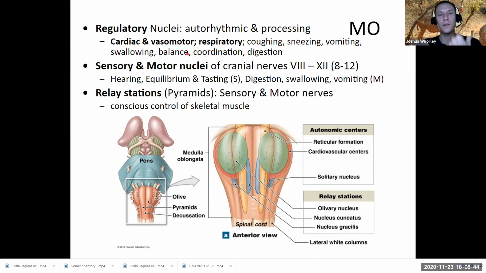Lots of reflexes that you're just not in control of, lots of motor output that you're not in control of. And I say reflexes, but also regulatory centers here, right? You're able to do all the thought processing and conscious stuff that you're doing partly because another region of your brain, a very basic region of your brain, is taking care of all this other stuff, right?